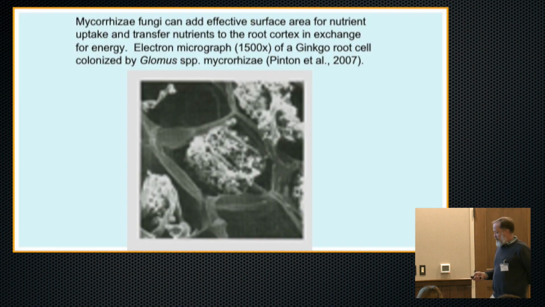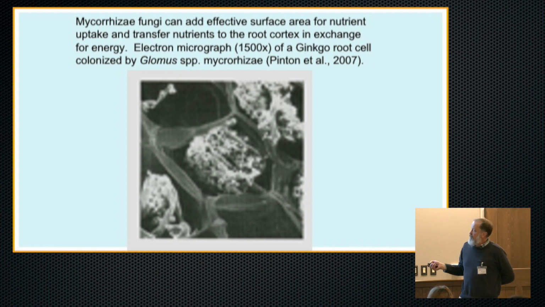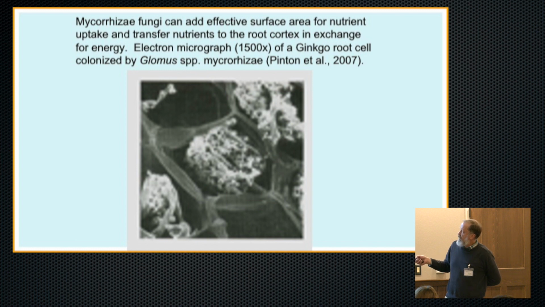As we think about the rotation, one of the things we're interested in are these beneficial microbes, and a good example of that is mycorrhizae, mycorrhizal fungi. This is a picture of a ginkgo tree root, and this is a root cell here. This is a mycorrhizal fungus arbuscule that's colonized inside the root cell.